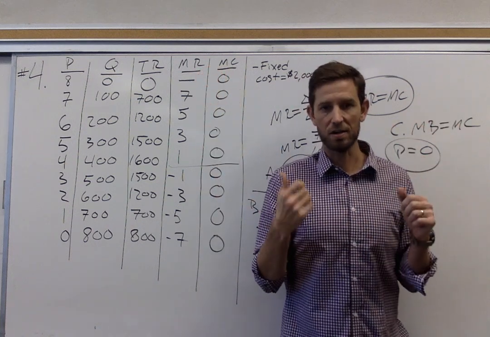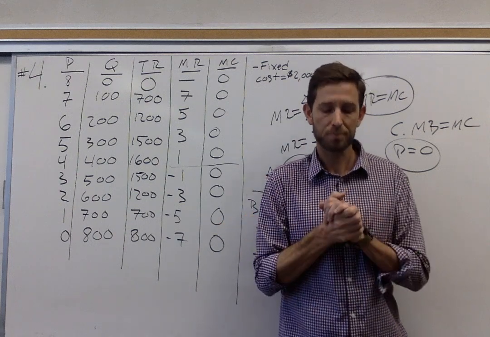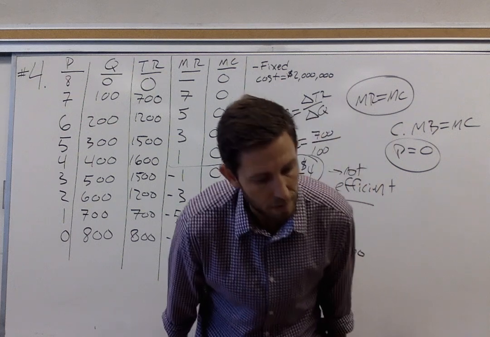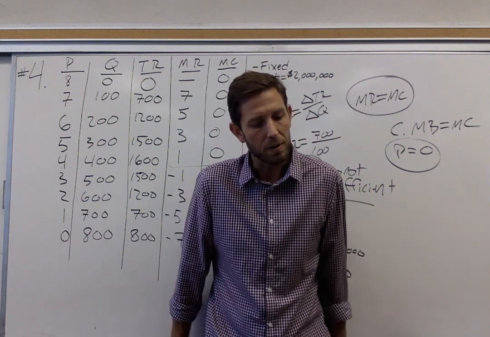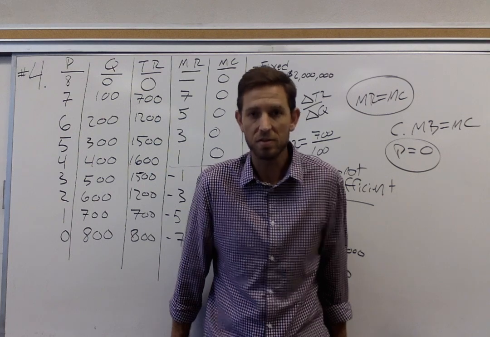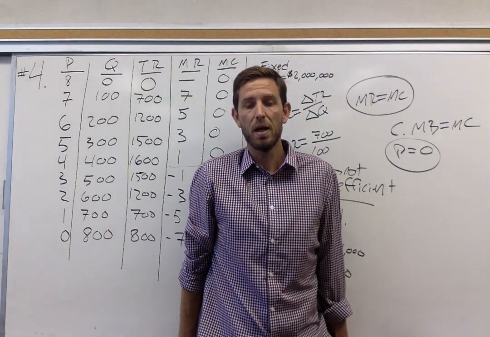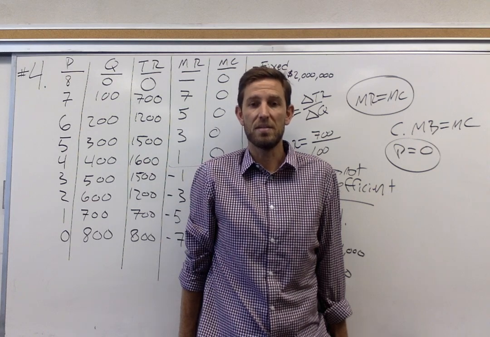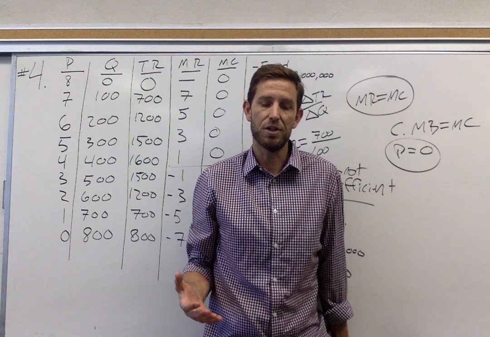If benefits are higher than costs, go for it. If costs are higher than benefits, don't do it. So then, let's try to tease those things out from the problem here. The cost to society is given in the very beginning of the problem. This is the easy part. The costs to society is going to be that $2 million that it costs to build the bridge.